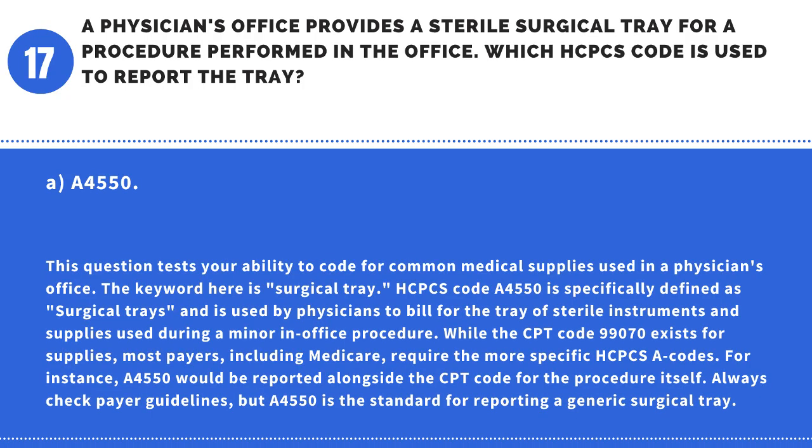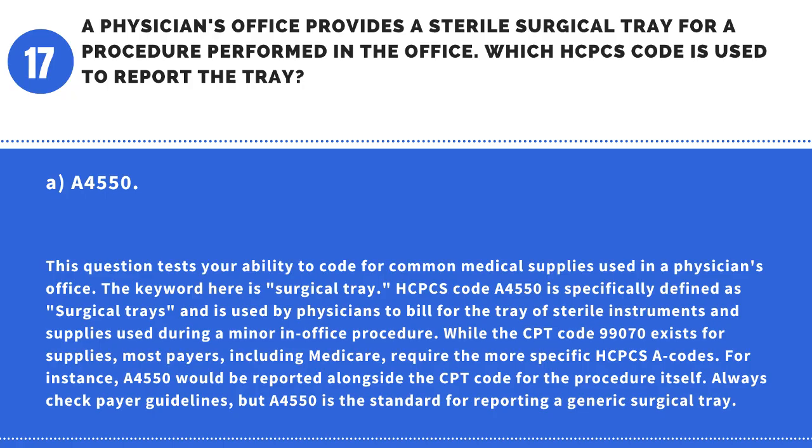Answer: A. A4550. This question tests your ability to code for common medical supplies used in a physician's office. The keyword here is surgical tray. HCPCS code A4550 is specifically defined as surgical trays and is used by physicians to bill for the tray of sterile instruments and supplies used during a minor in-office procedure.